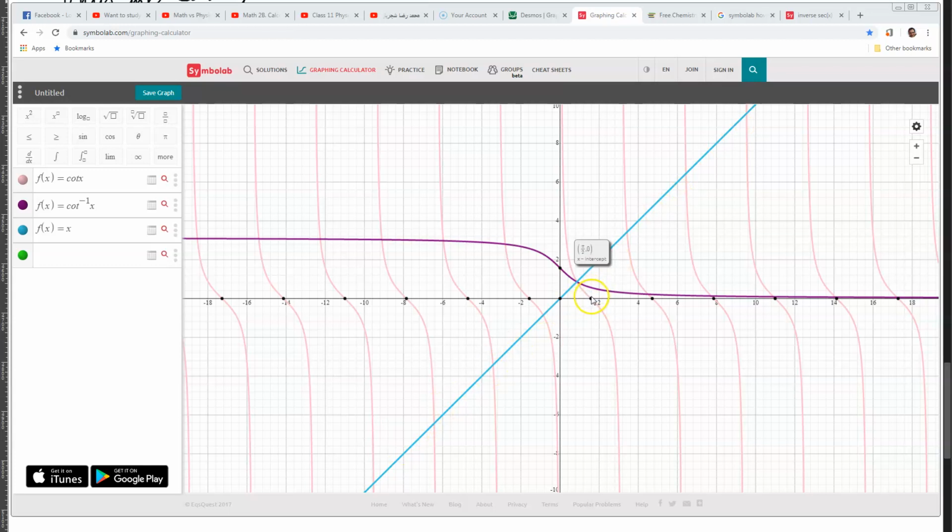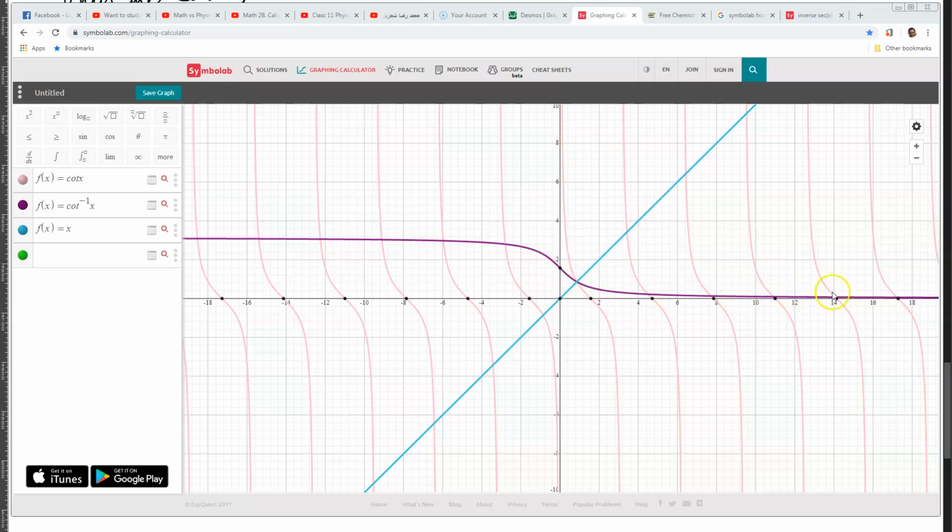Meaning that first of all we have the point pi by 2 comma 0, exchange the x and y coordinates, you will get 0 comma pi by 2, which is this point over here. And then each and every point on the graph of the function, for example, this point will give you this point, and so on.